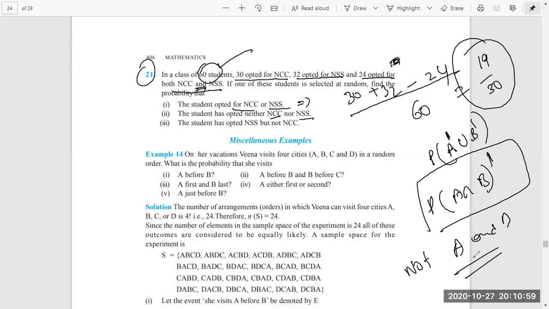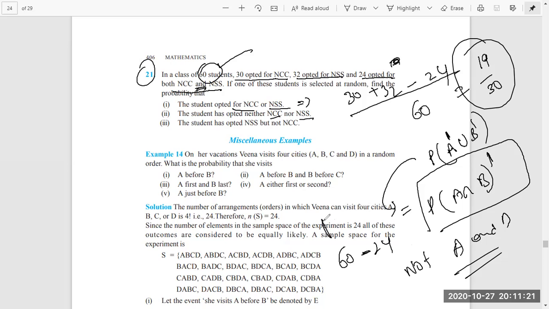So what is the probability? 11 by 30, sir. No, not A and B is simply 60 minus A intersection B, right?